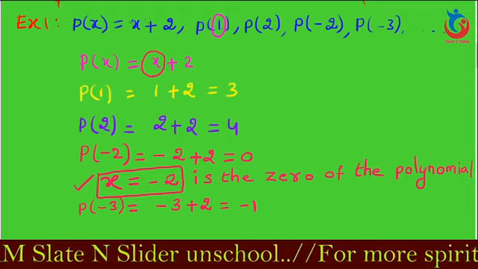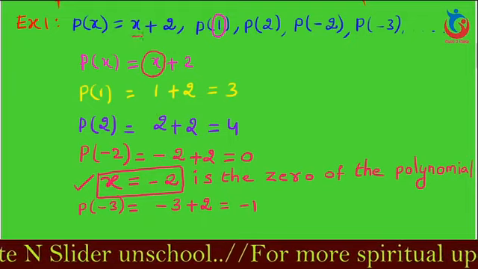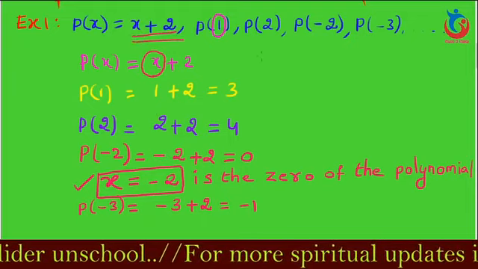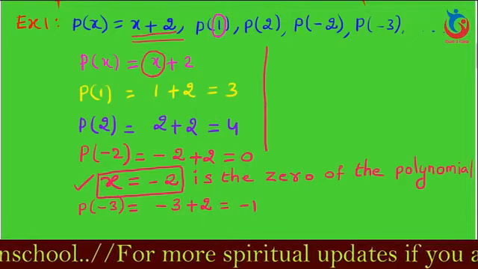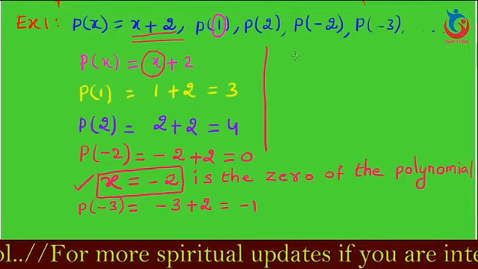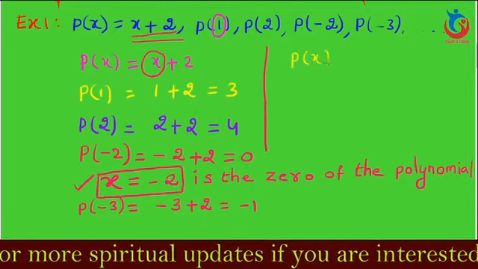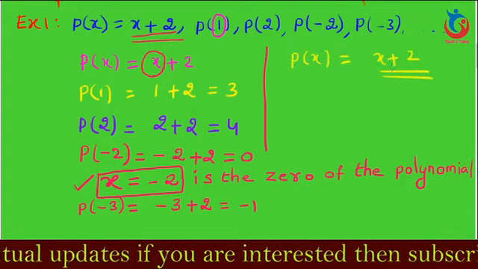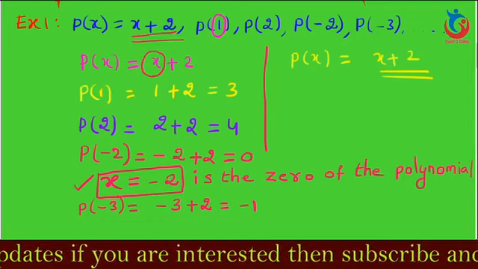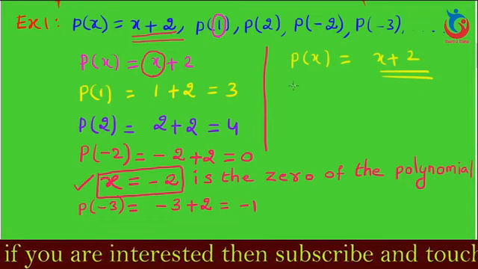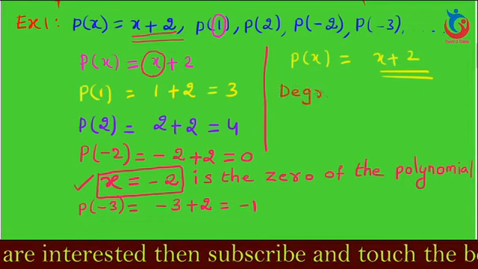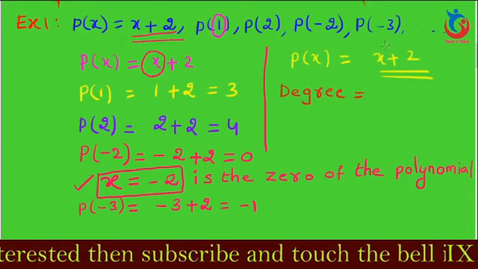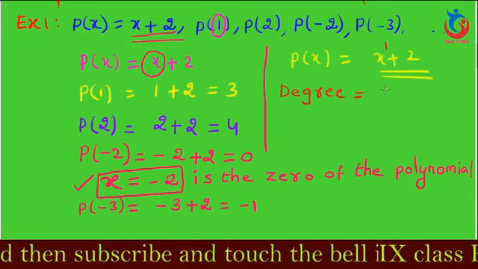Why? Because in this polynomial, P of x is equal to x plus 2, first you write the degree. What is the degree? Here x has the power 1, so the degree is 1.